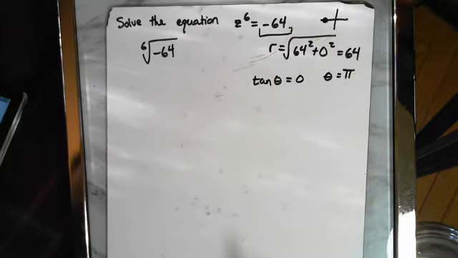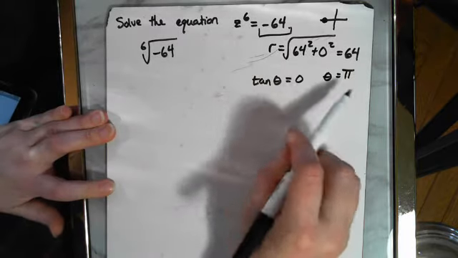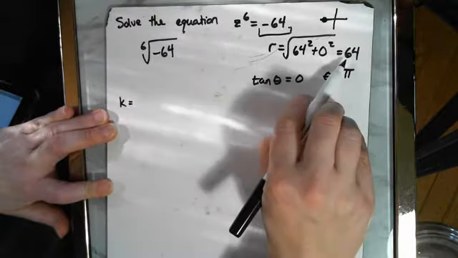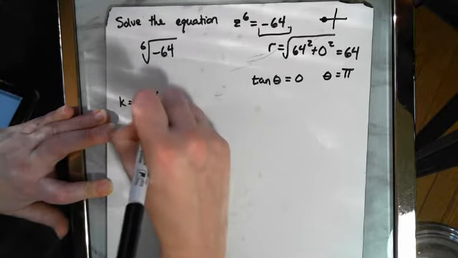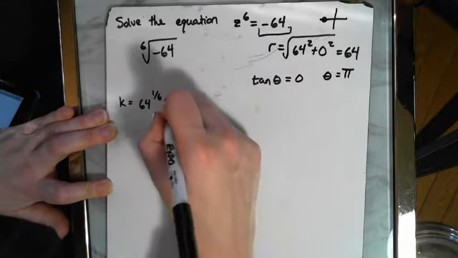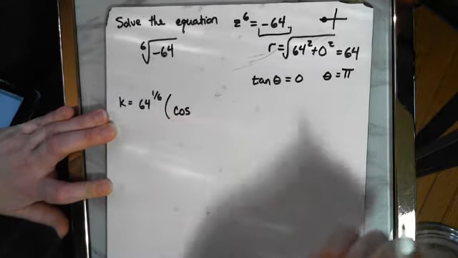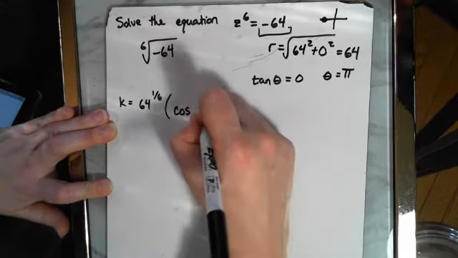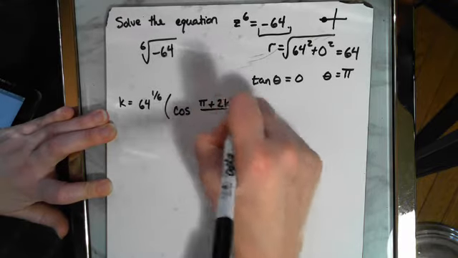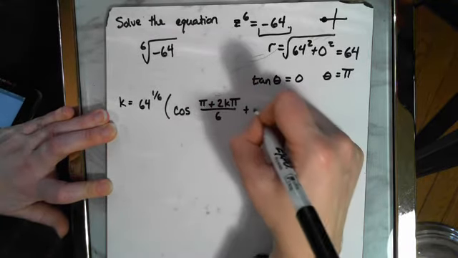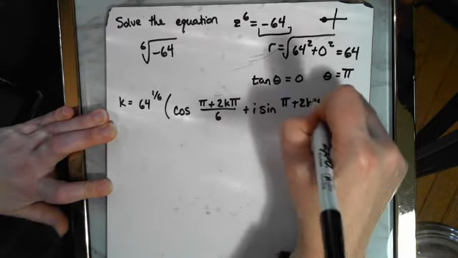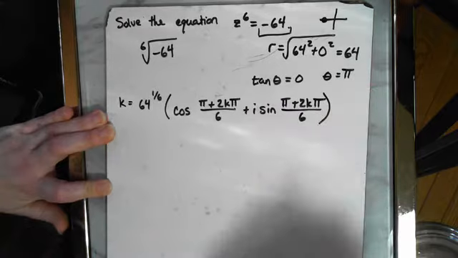Okay, so now when I write my final form for this, I'm going to have k equals 64 to the 1/6, because I'm doing 6th roots of these, times the cosine of pi plus 2k pi over 6 plus i sine of pi plus 2k pi over 6.